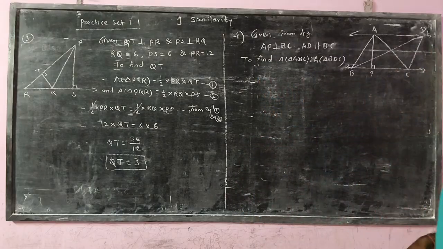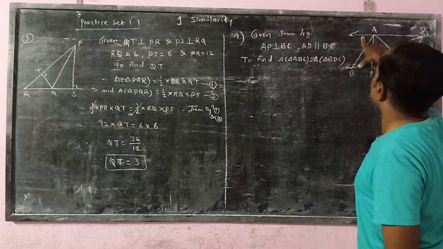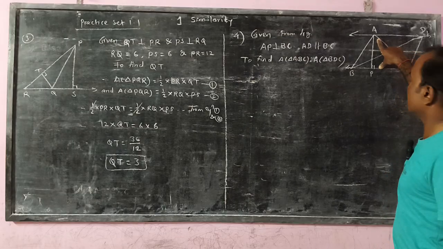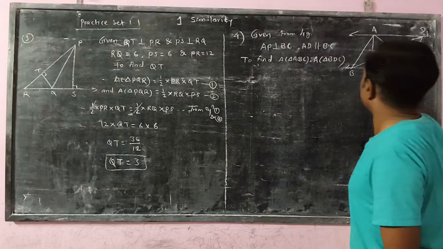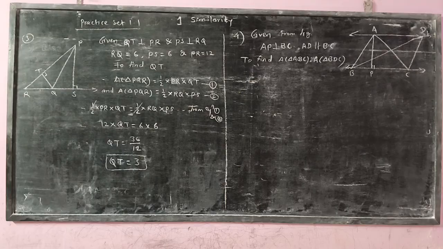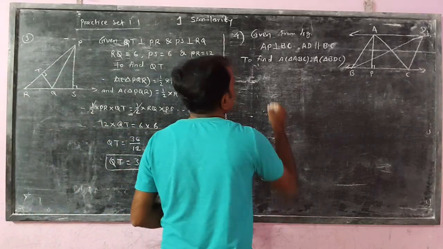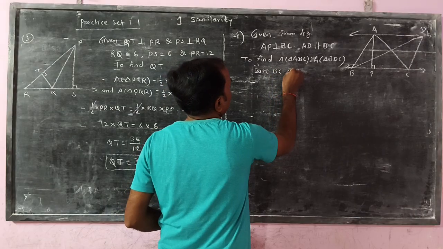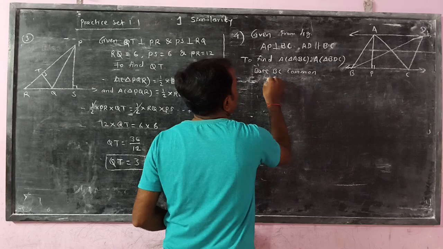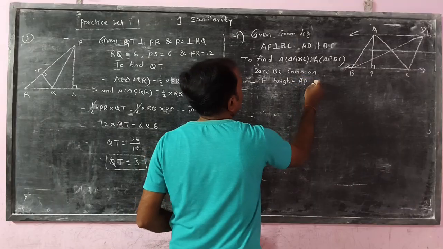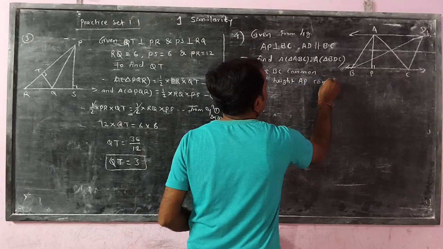In that case, both triangles lie between the two parallel lines. Therefore, their heights are the same, and bases are also the same by the given figure. So we can write here base BC is common and height AP is common.